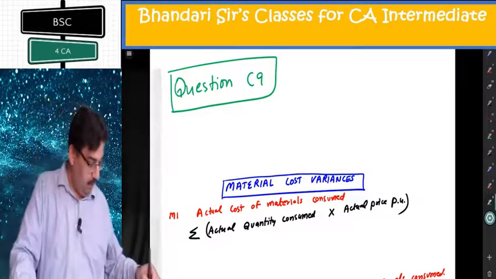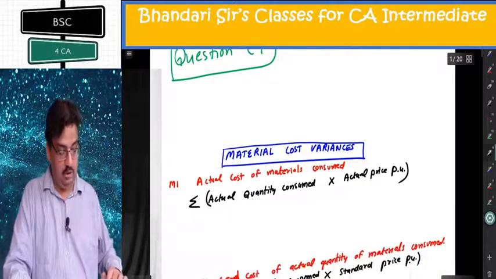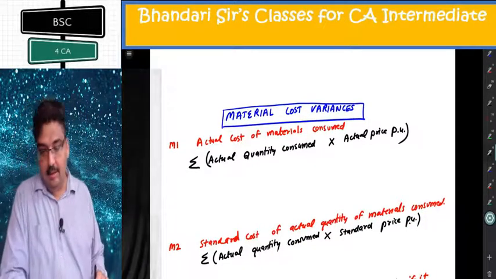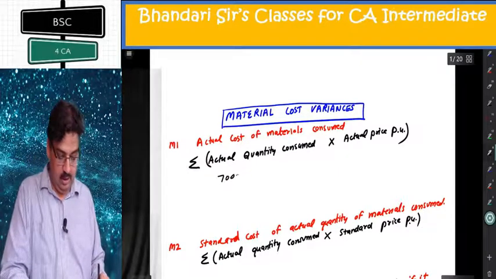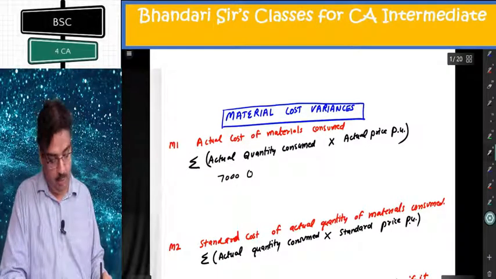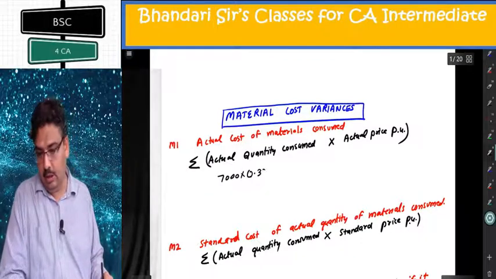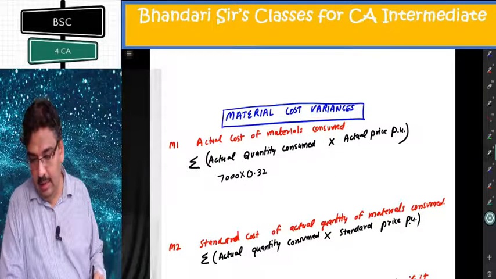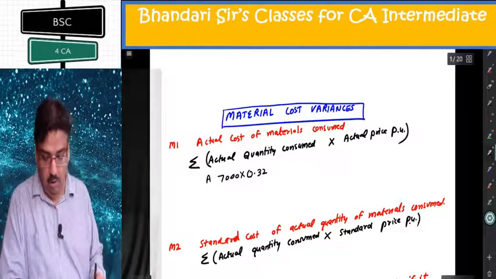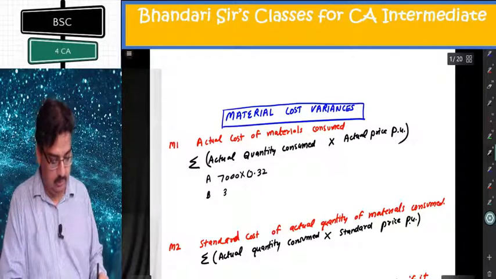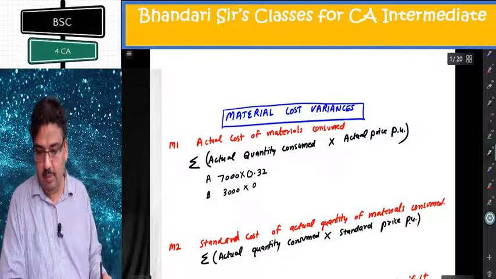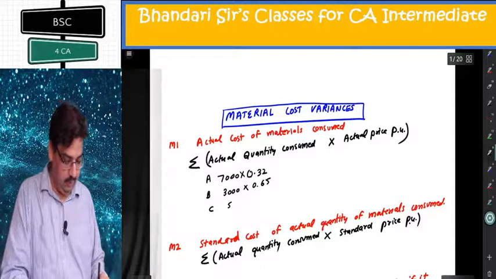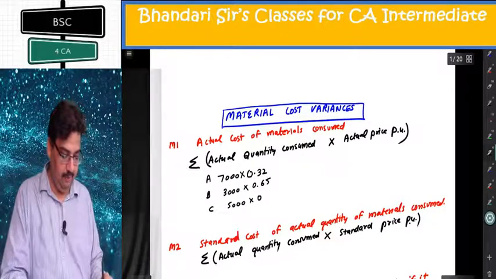So looking at M1 there, actual cost of materials consumed. You are given detail there: 7,000 into 0.32, 35 paisa is 0.32. This is for A. For B, 3000 kg multiplied by 0.65. For C, 5000 into 0.75.